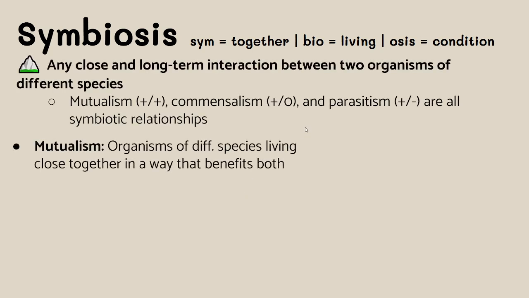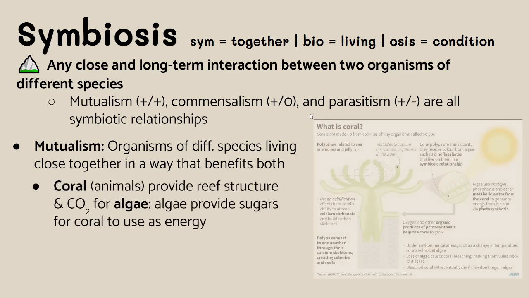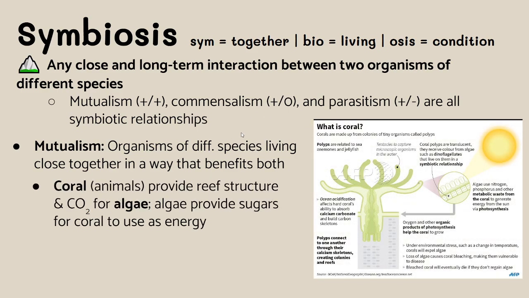Now, in the case where one organism is not harmed, we have two examples. We have mutualism. So in the case of mutualism, both organisms are going to benefit. One good example that's shown here has to do with corals and algae. Coral are actually animals. They're animal cells, they consume.